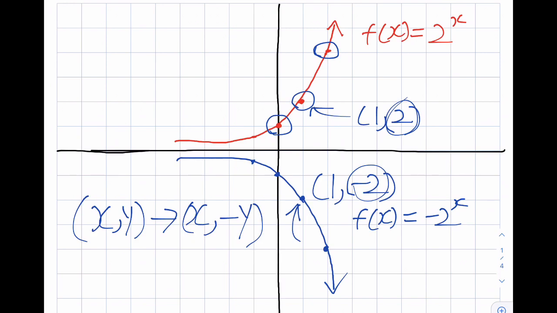So when we reflect this function in the x-axis, we get this function because we put a negative sign in the function, and our mapping notation will be (x, negative y), because if we reflect the function in the x-axis, we move all their points and we give their y values a negative sign.